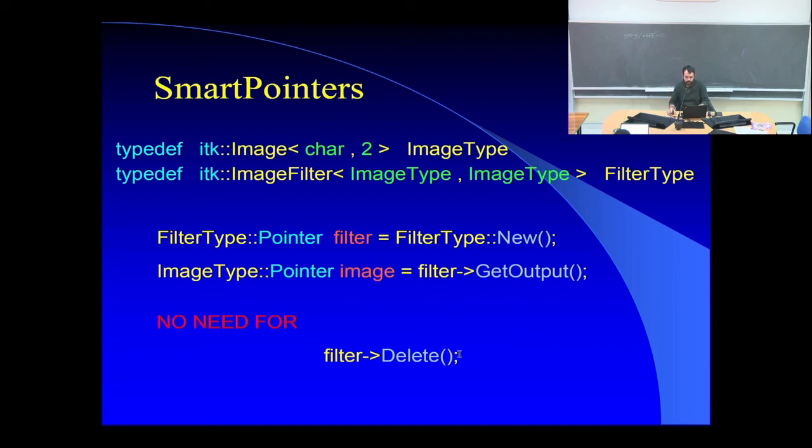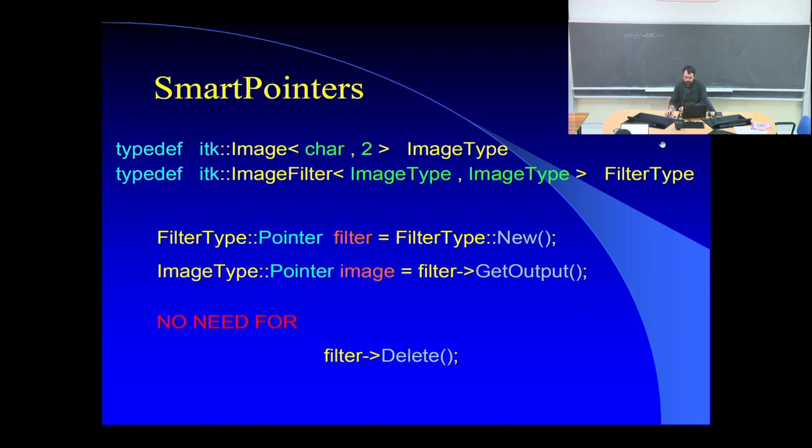Is everybody comfortable with this code, more or less? Is it clear, these two typedefs? Declare an image of chars of 2 dimensions, and we call it image type. Then another typedef on a general filter that takes as input the image type and gives as output the image type, another image, let's say, of the same type.